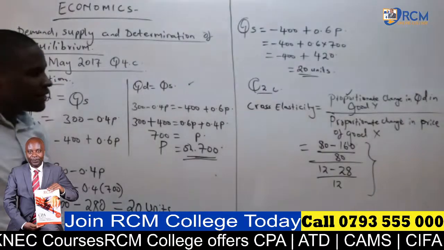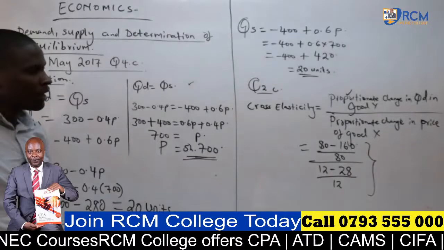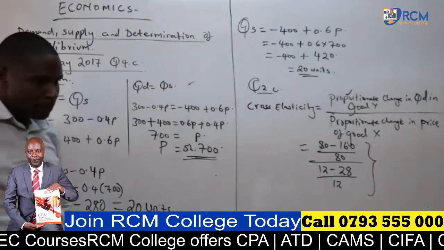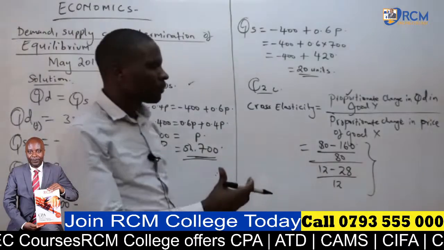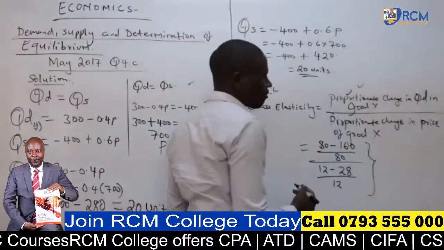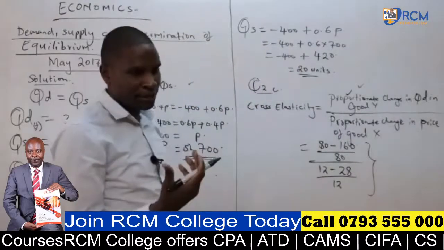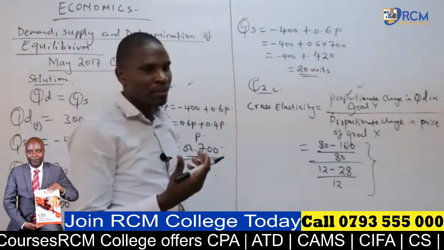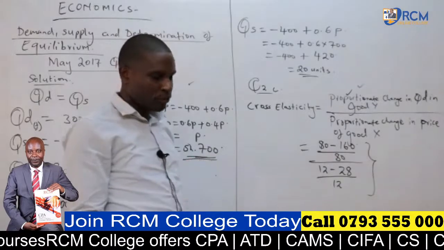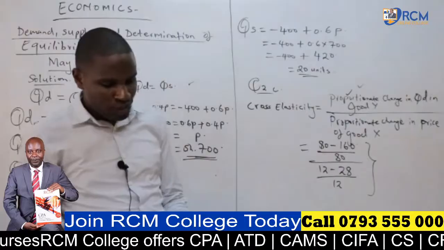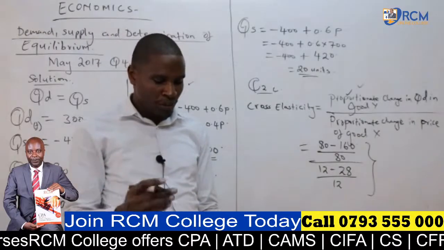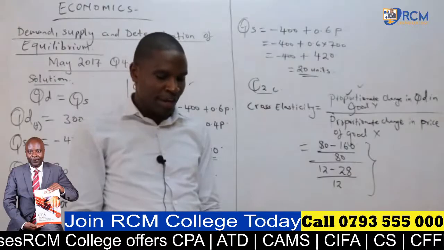What is 80? 80 falls under the side of consumption, whatever was consumed at the beginning. If you look at the quantity consumed of commodity Y, at the beginning it is 80.